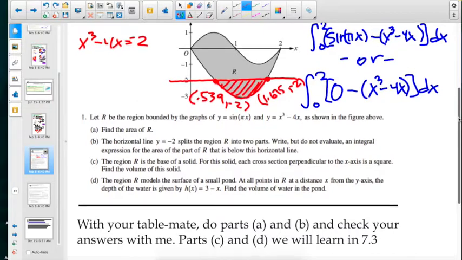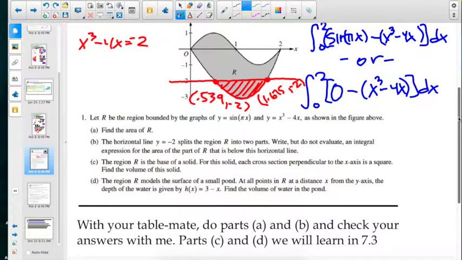So what does this integral look like? My lower bound is what? 0.539. What's my upper bound? 1.675. What are my two functions?